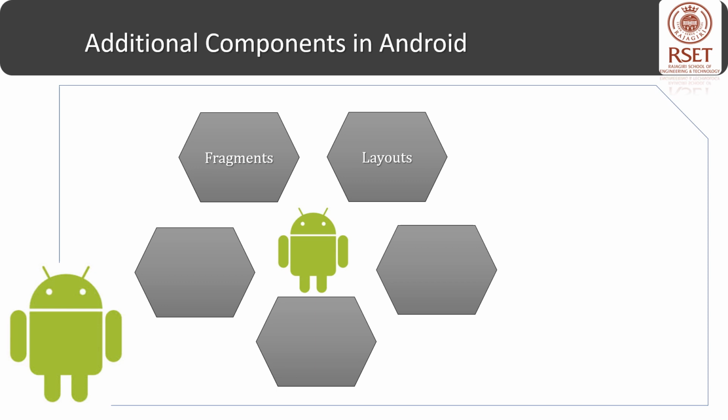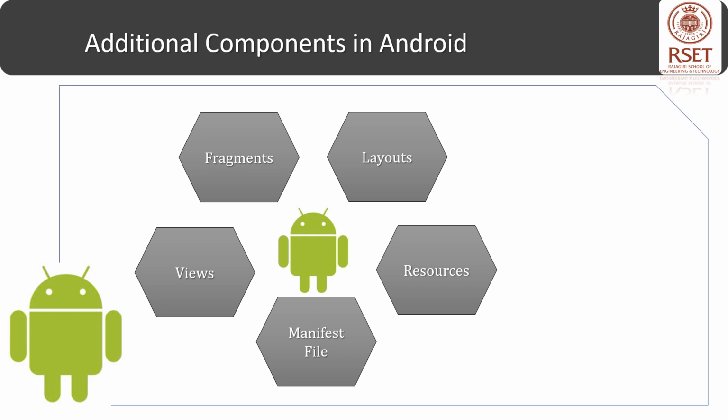Layouts are used to describe the user interface for an activity or app. Then we have views. Views are used to build a user interface for an app using UI elements like buttons, lists, etc. Then we have resources. Resources are used to build an Android app by making use of external elements like images and audio files, other than coding.